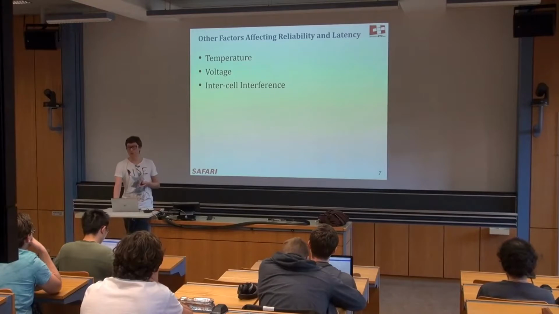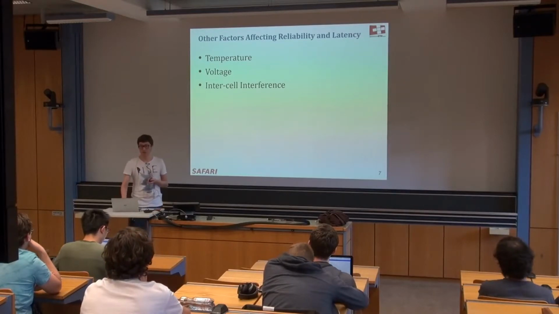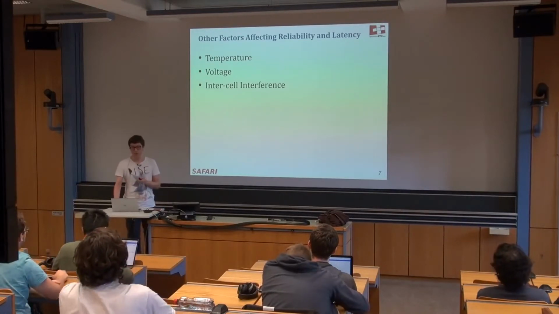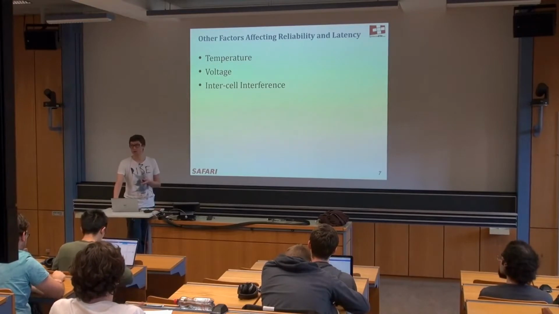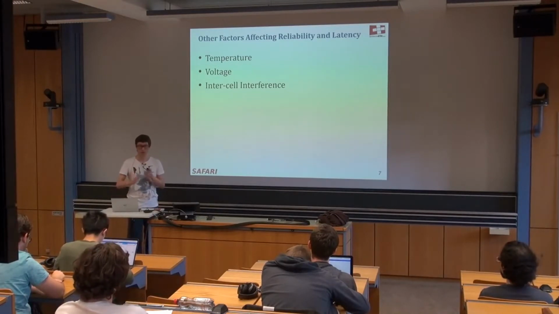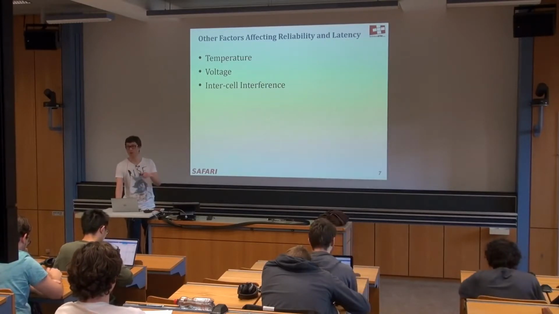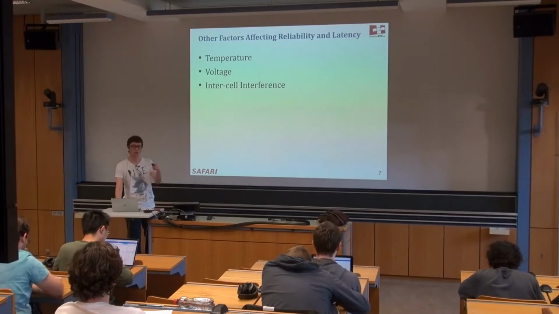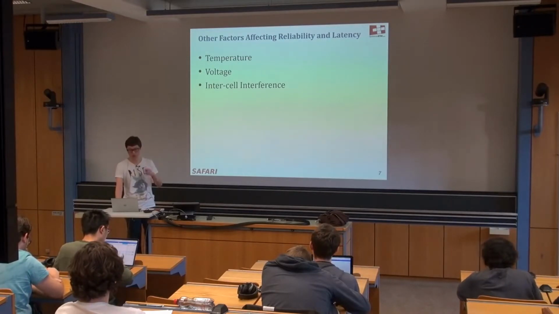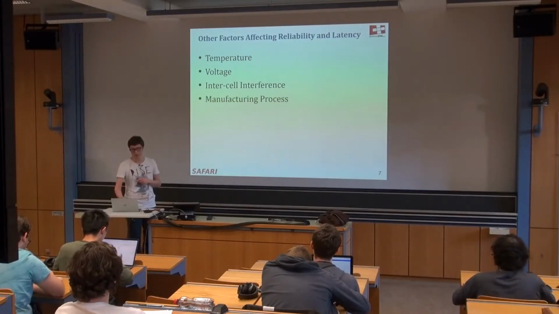Intercell interference is another factor, and we see this in the row hammer effect. Because of the interference between cells, continuously activating a single row causes bit flips in rows in the neighborhood.